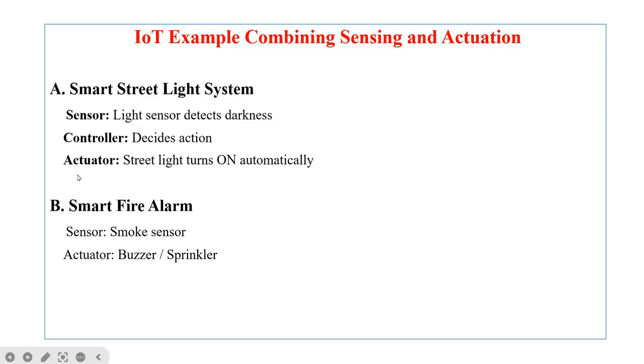So what will the actuator do? It will turn on the street light automatically. And one more example is the smart fire alarm, which detects smoke. You will use a smoke sensor. It will detect the smoke, and accordingly the buzzer will be turned on. That is the work of the actuator here.